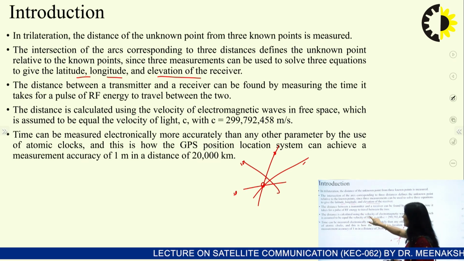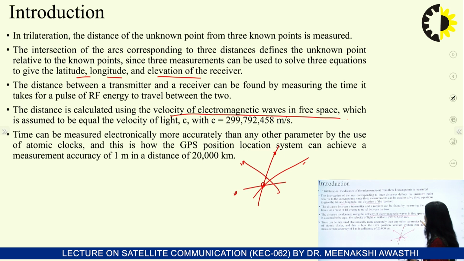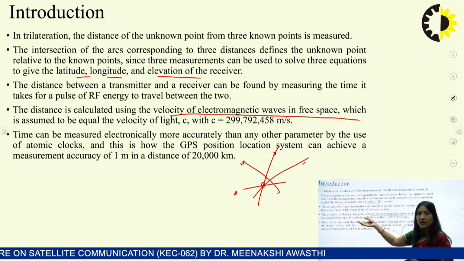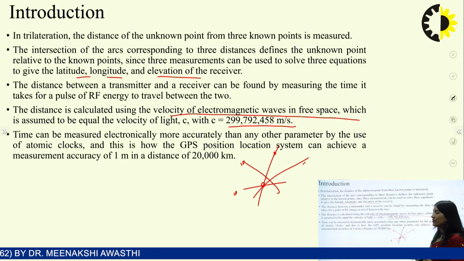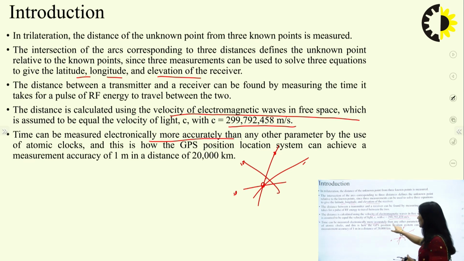Now the distance is calculated using the velocity of EM wave in free space, which is approximately 3 × 10⁸ meters per second, and more accurately, this is the velocity of light. Time can be measured electronically more accurately than any other parameter by the use of atomic clocks. So this is a very important point, that we are using atomic clocks on the satellite because we want to have timing accuracy.